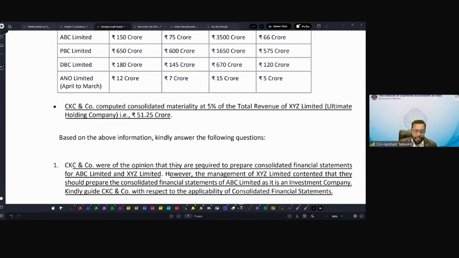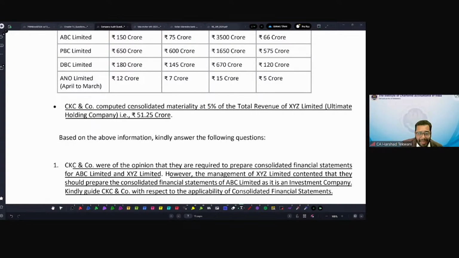So here CKC, just to highlight, is the group auditor or principal auditor. And the structure was like this. ABC acquired two companies, first PBC and DBC.